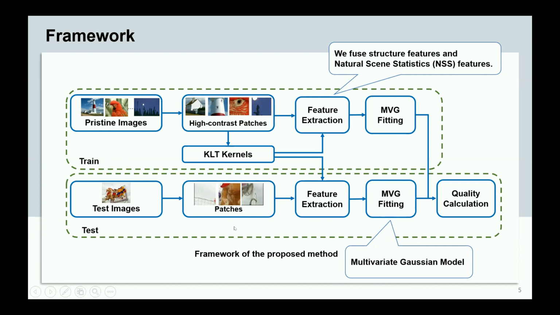In the test part, we use all image patches and use the saved KLT kernel to extract the feature. We fit the MVG model with the feature matrix of pristine images as the benchmark. The difference between the benchmark model and the MVG model of the distorted image is taken as the objective score.